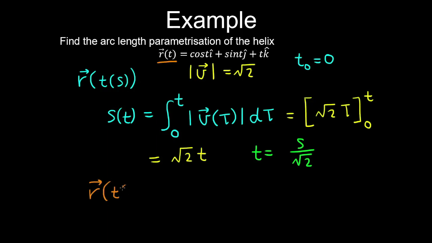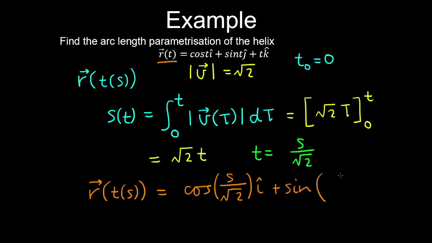So we have r of t of s is equal to cosine of s on root 2 in the i direction, plus sine of s on root 2 in the j direction, plus s on root 2 in the k direction.